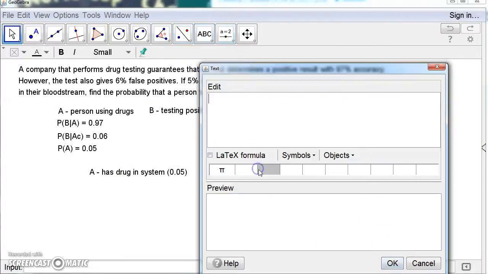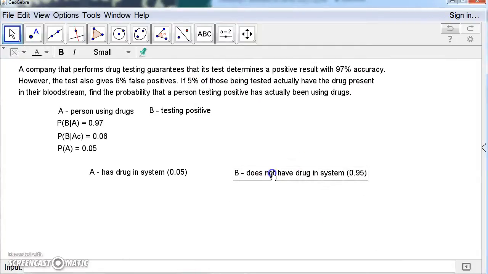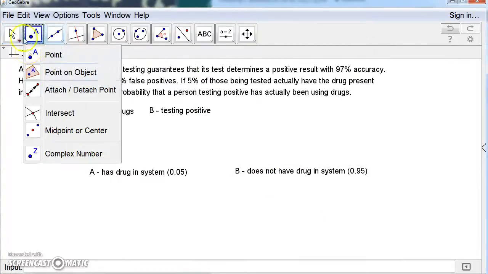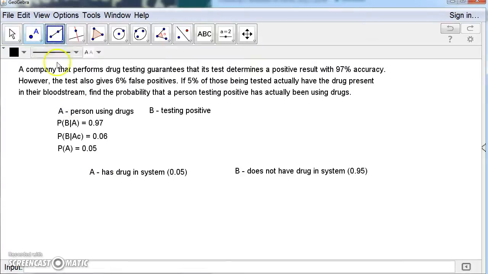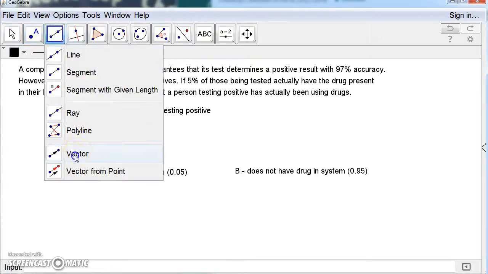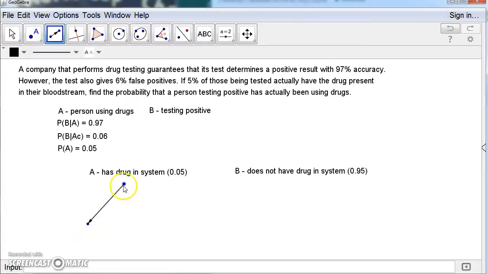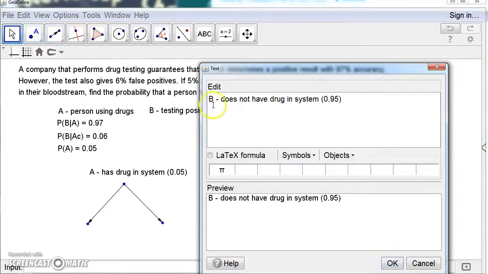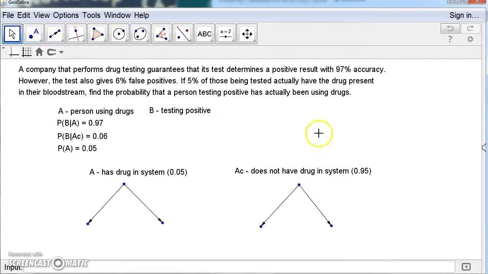And then we're going to go with A complement, does not have drug in system, and this is 95% of people. I just realized this really shouldn't say B, it should say A complement. Sorry. Okay, so A has drug in system, 5% chance. Over here, A complement does not have the drug in system, 95% chance.